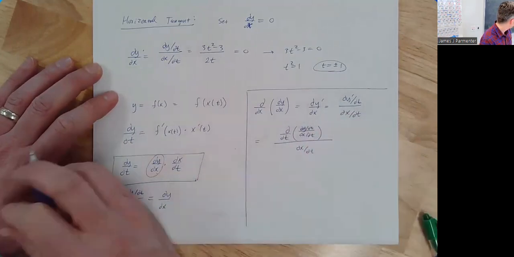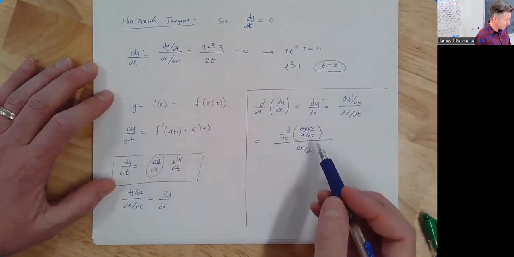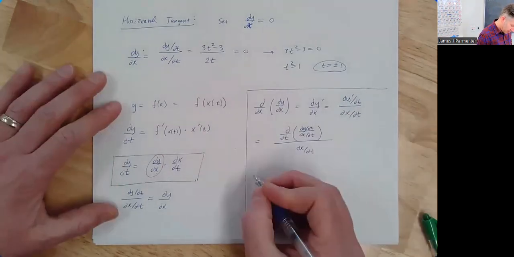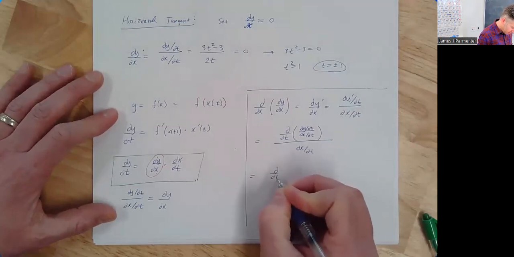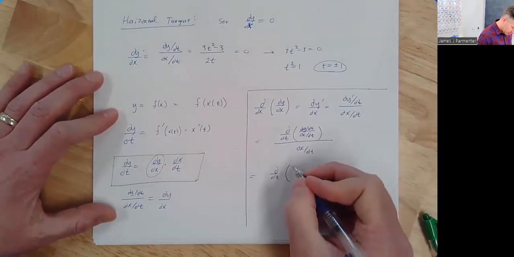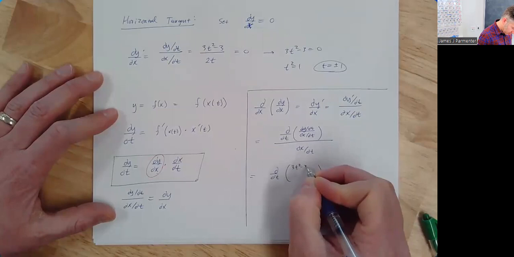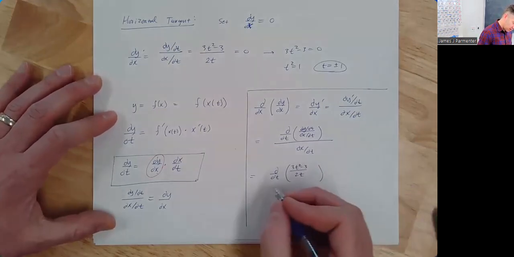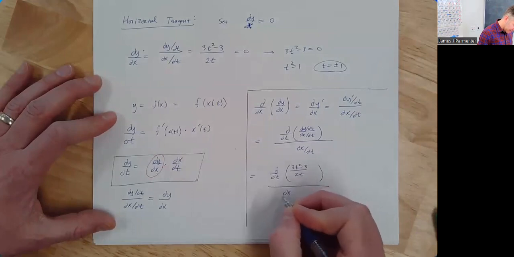But you've already done that. So basically in this particular example, it would end up being the derivative of 3t squared minus 3 over 2t, which I would probably simplify before differentiating, over dx dt again.